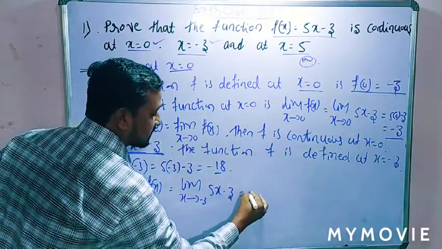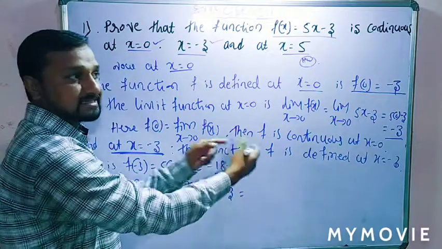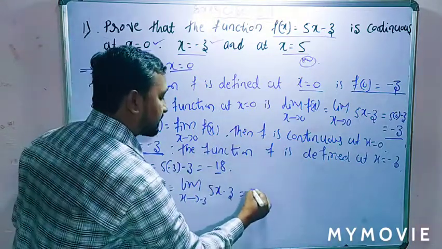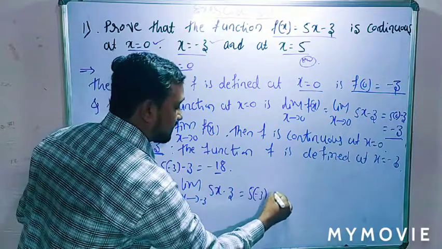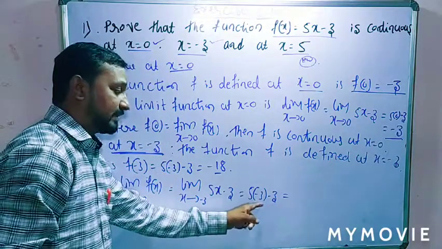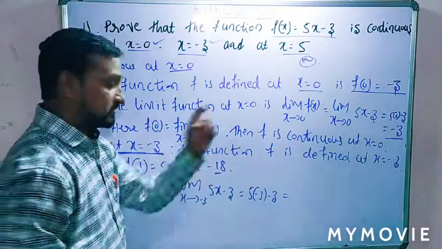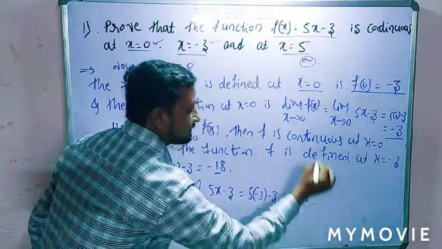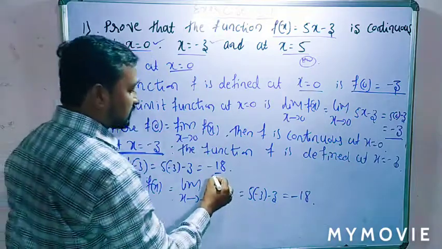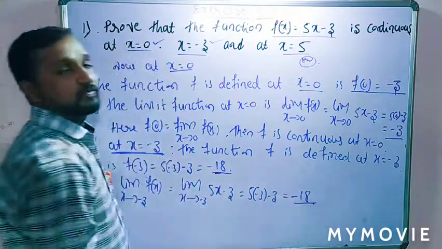Applying the limit as x tends to minus 3, we get 5 into minus 3, which is minus 15, minus 3, so this is minus 18. Is that clear? Here also the constant function is equal to the limit function.